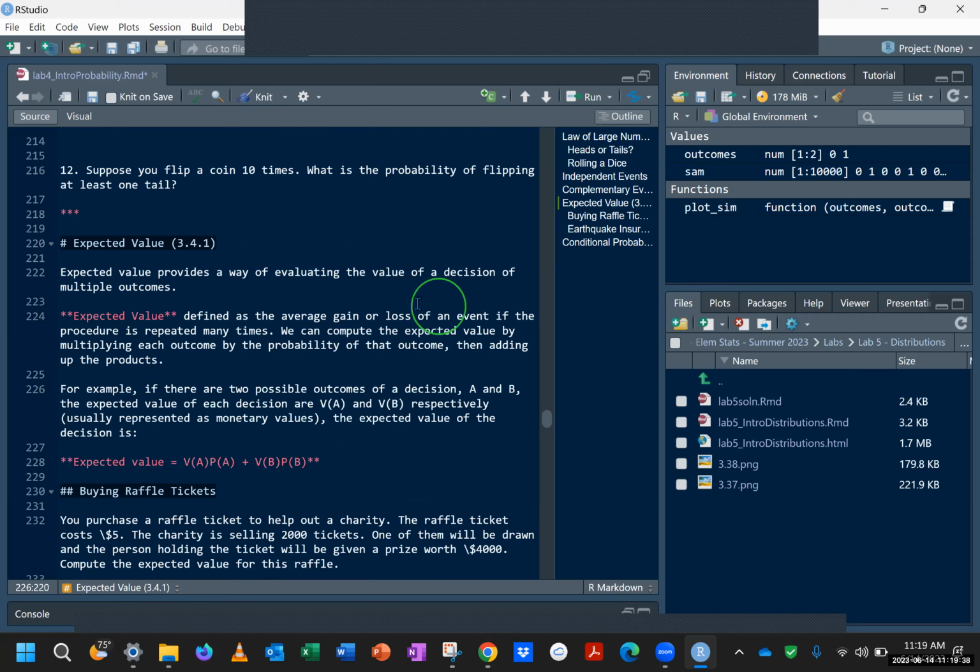For this formula for expected value, I'll write it out because that's a good way to talk about it.